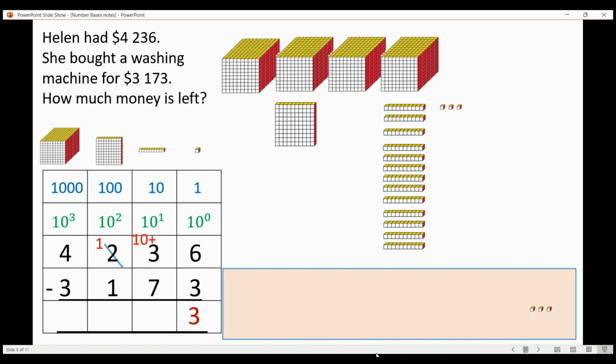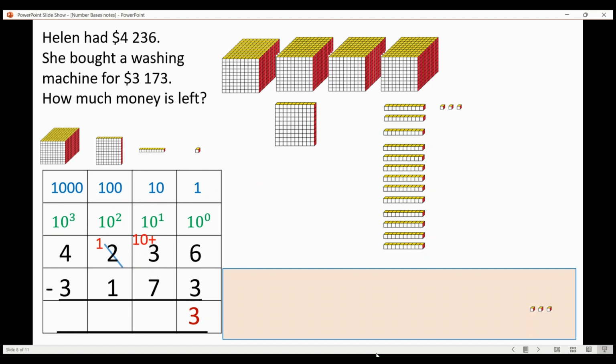And now remember that the 1 set of hundreds was replaced by 10 sets of tens. So it's better for the students if they remember that instead of writing 1 next to the 3 to make it 13, it is really 10 sets of 10 plus 3 sets of tens, which is a total of 13 tens. And we can see that in the diagram. If we count the tens, we have 10 and 3, 13 in all.